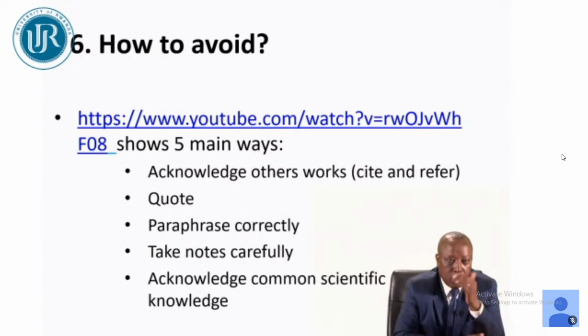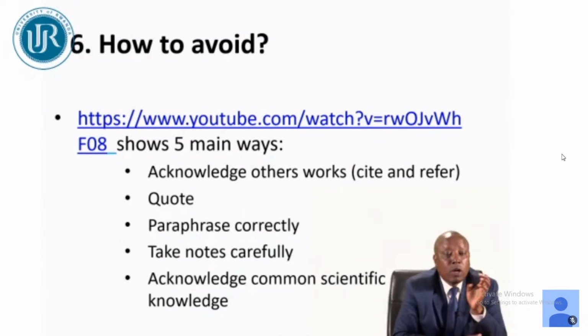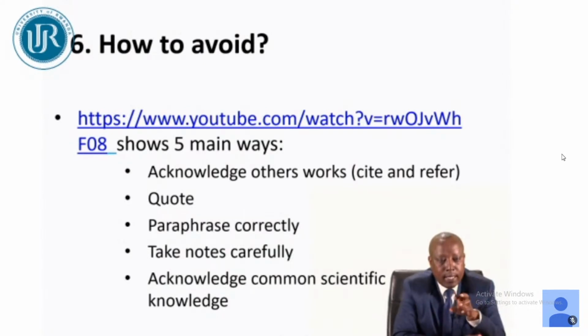It is also a way of avoiding the plagiarism. You can also paraphrase correctly. You have to take notes correctly. You have to acknowledge common scientific knowledge. This is to give the value of others' works.